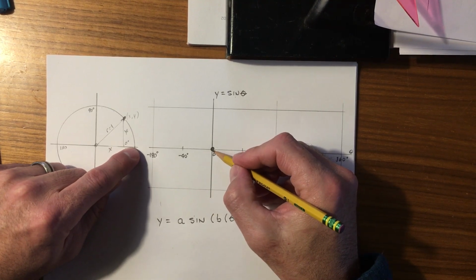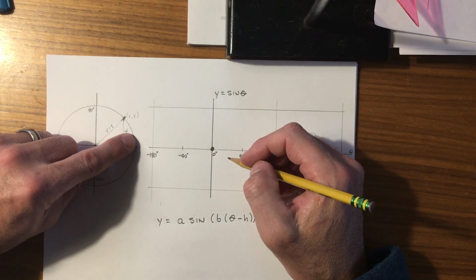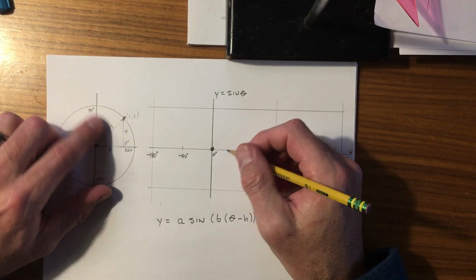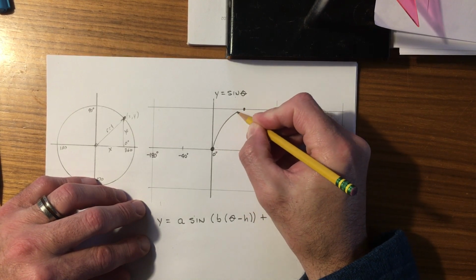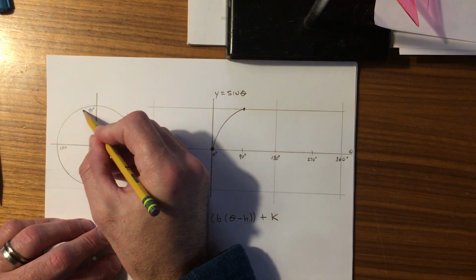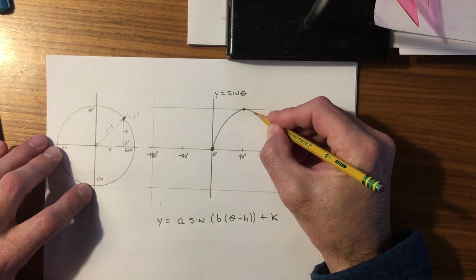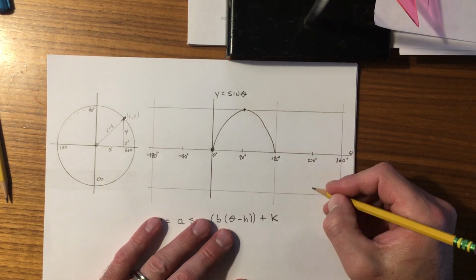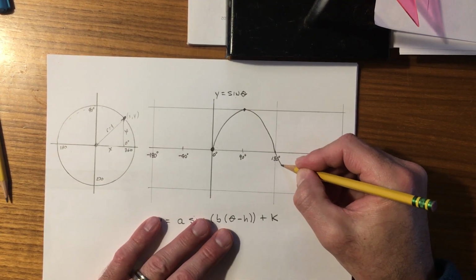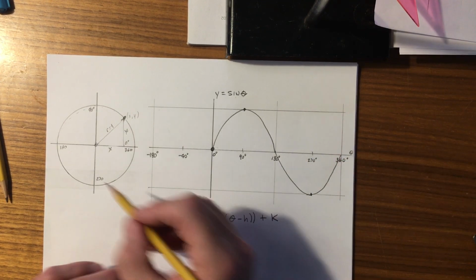As we move from 0 to 90 degrees, the y value gets bigger and bigger until it reaches 1. Then as you move around here, that y value goes back to 0, and as you continue, it goes down to -1 and then back to 0.